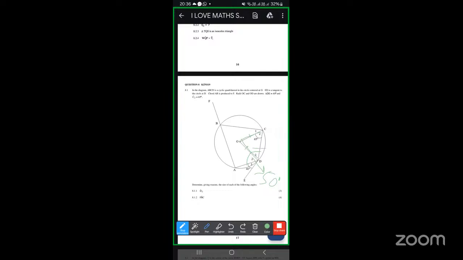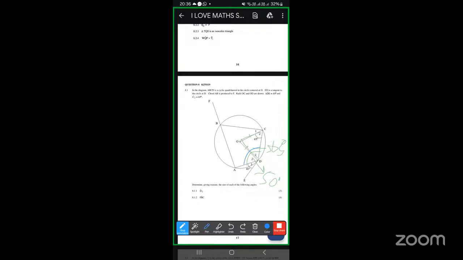This is equal to 65 degrees. Therefore, this angle CDA, or ADC, is equal to 65 plus 50 degrees.